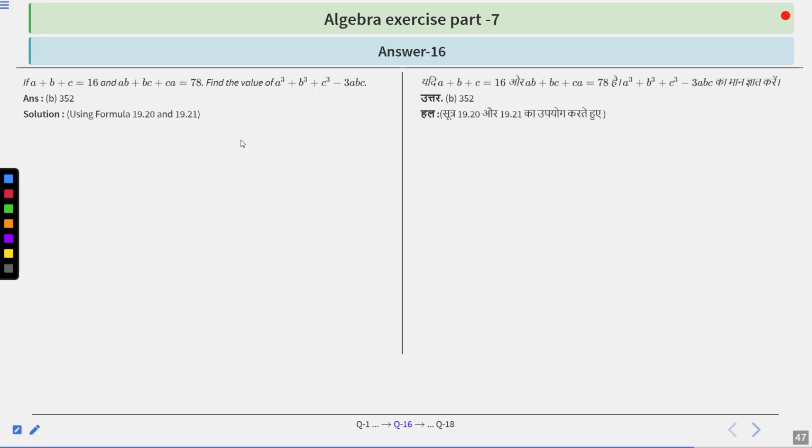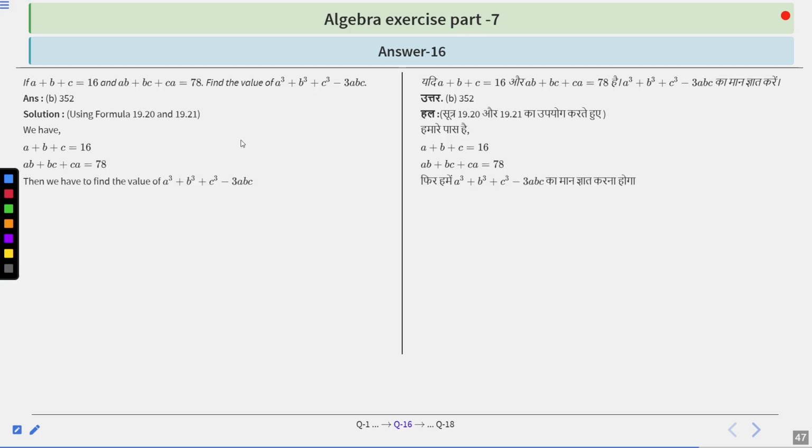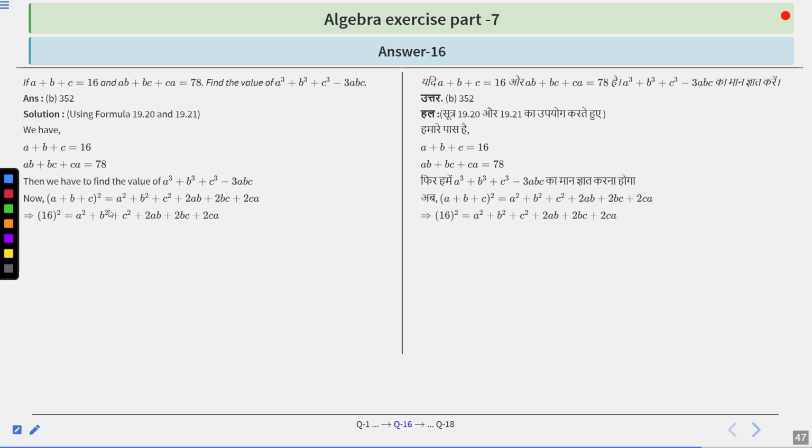We are going to solve this question by using formulas 19.20 and 19.21. We have a+b+c equal to 16 and ab+bc+ca equal to 78. Then we have to find the value of a³+b³+c³−3abc. Now (a+b+c)² is a²+b²+c²+2ab+2bc+2ca. a+b+c was already given in the question, that is 16.